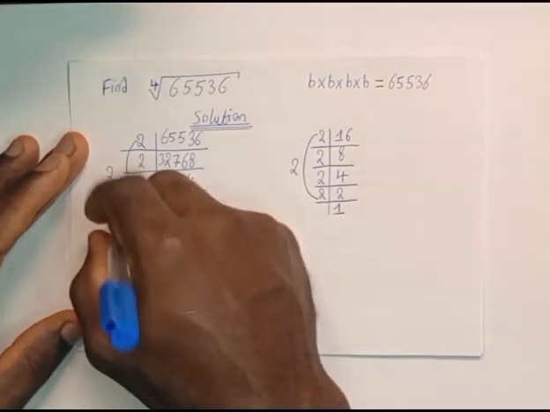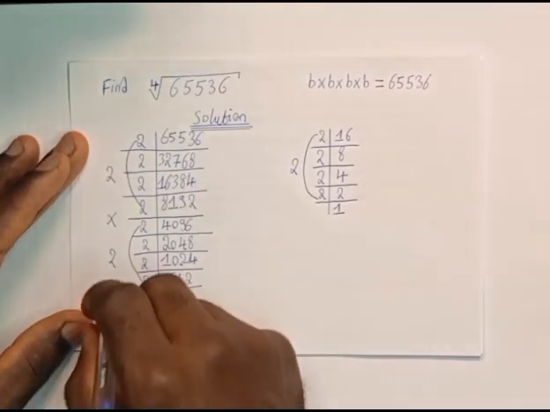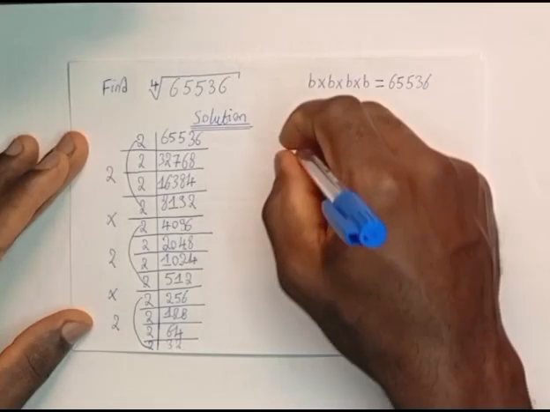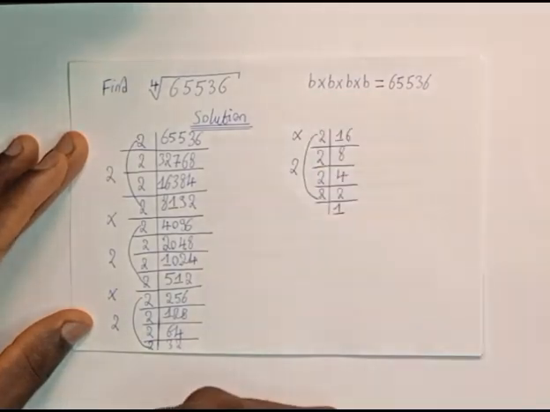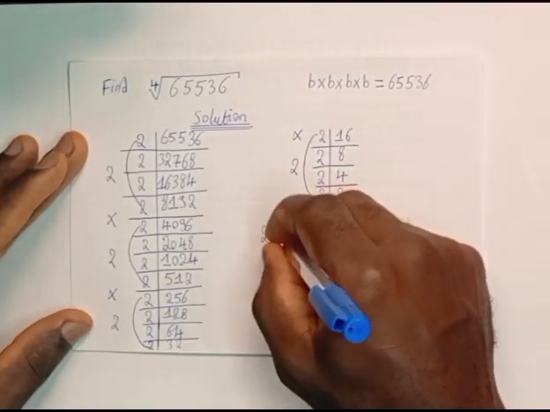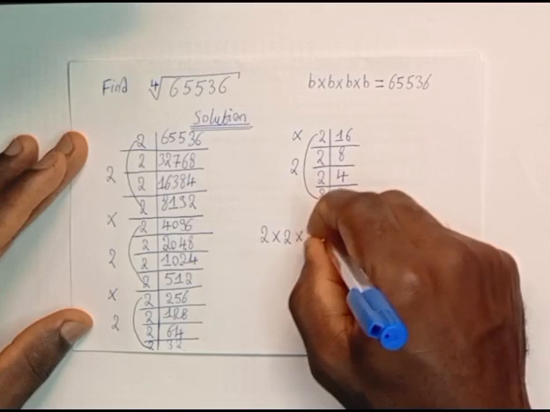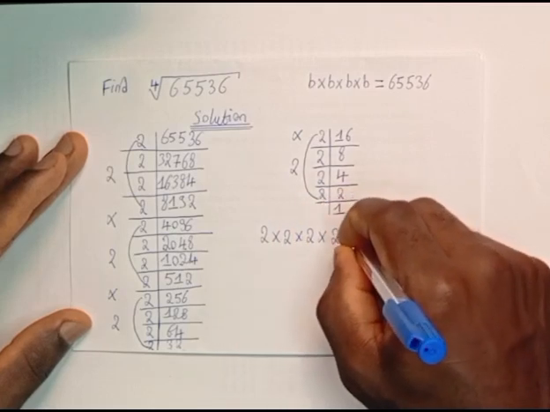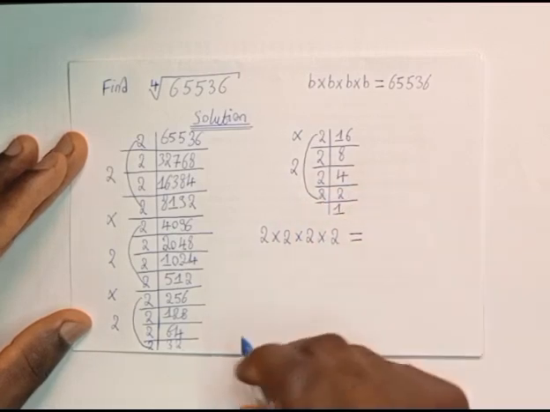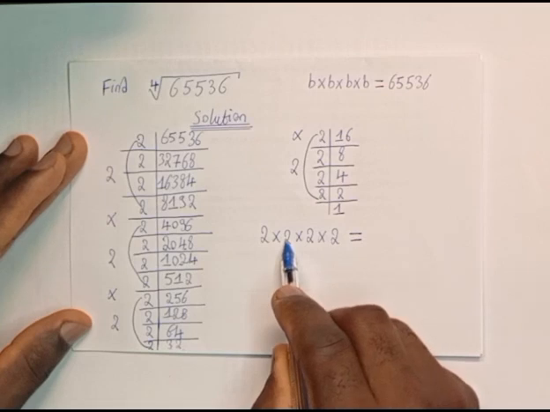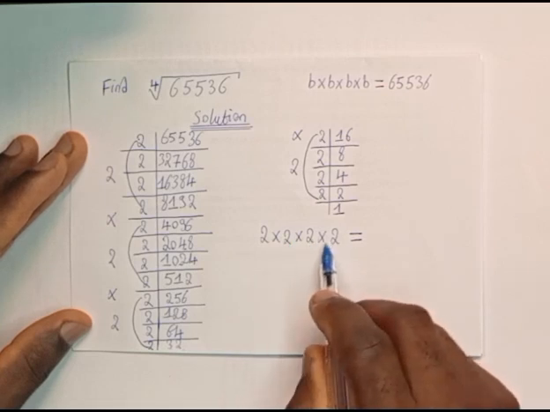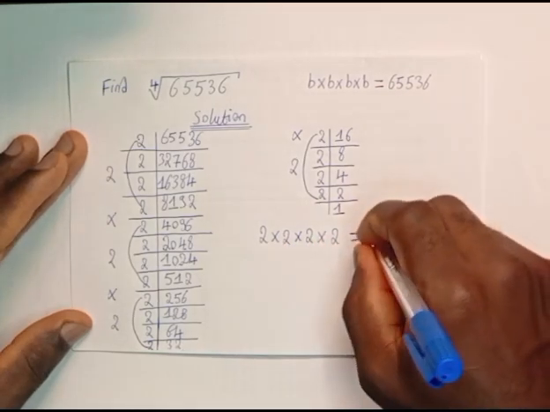That means we take 2 times 2 times 2 times 2. This is simply equal to 2 times 2 gives us 4, times 2 is 8, times 2 is 16.